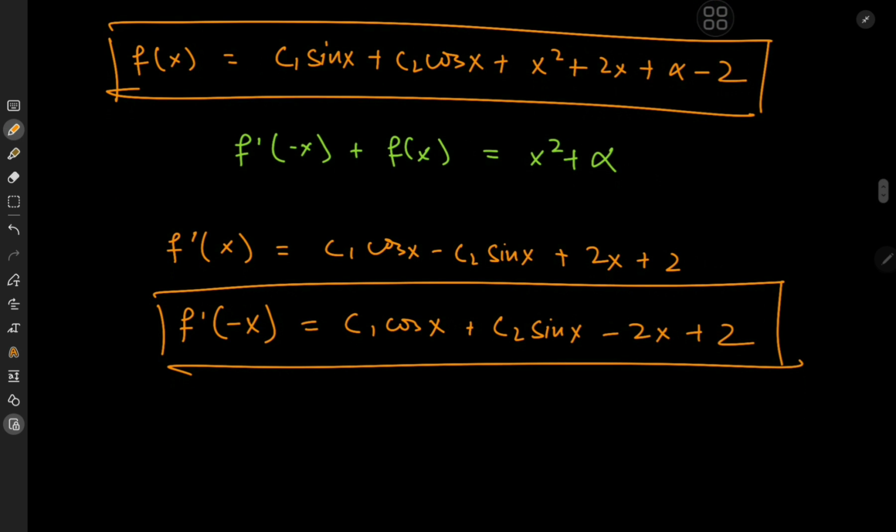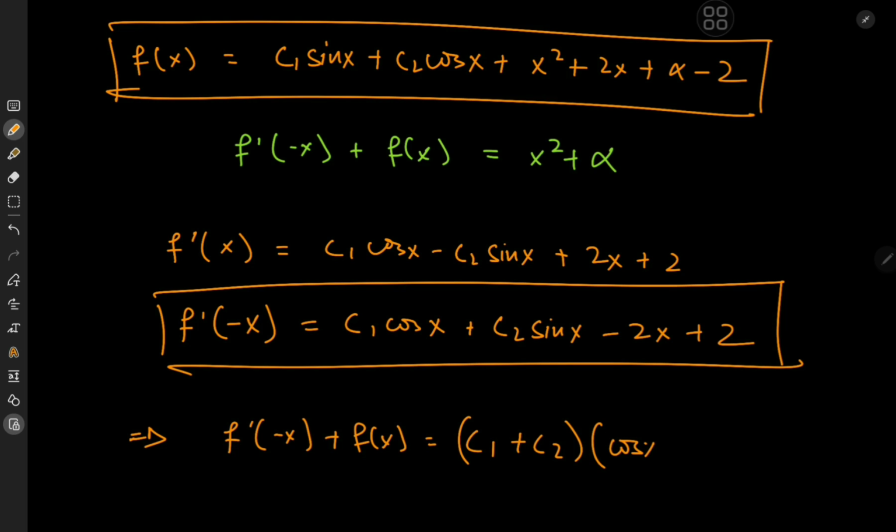So adding them up, we see that f prime at -x plus f of x is equal to, we factor out the c1 plus c2 term from both sine x and cosine x. So we factor that out further to get cosine x plus sine x. Yeah, that makes perfect sense.